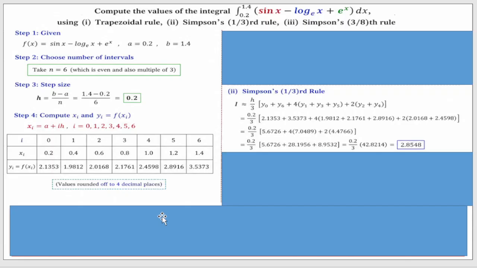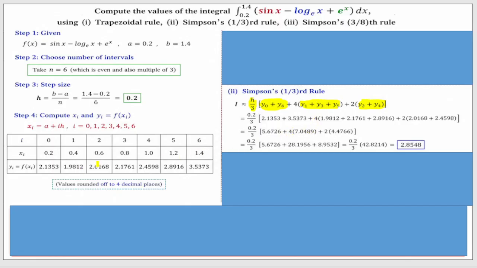Now we will move to Simpson's 1/3 rule. The formula is very clear. Simpson's 1/3 rule is h by 3, then X, which is first plus last, and 4 times odd ordinates, and 2 times even ordinates, right?